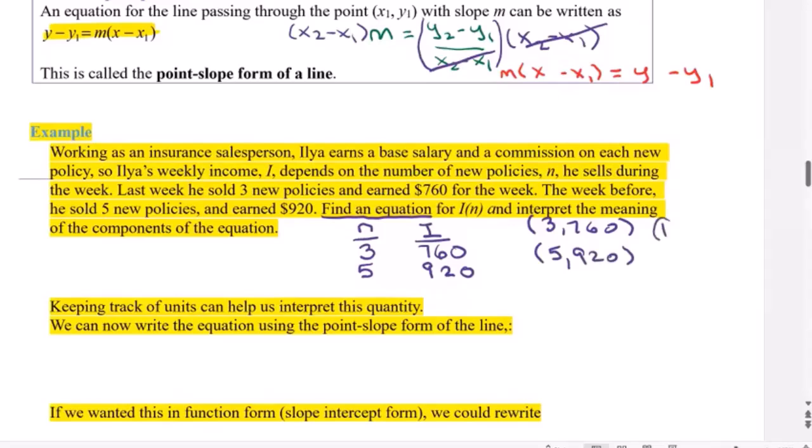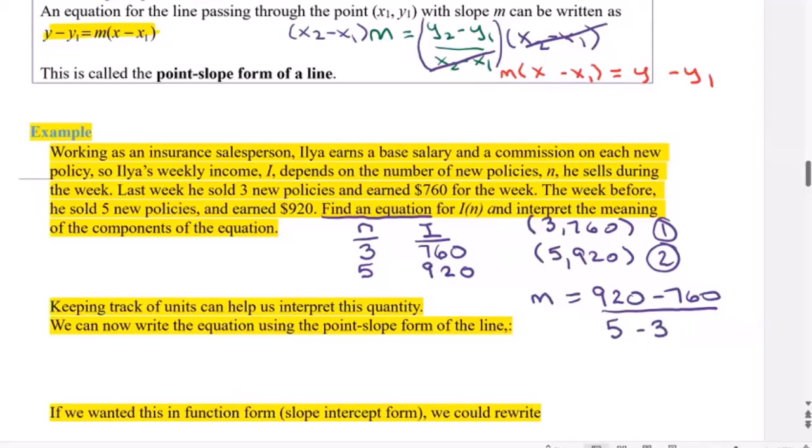And again, I can call this 1, I can call this 2, and I can find my slope. My slope is equal to y2 minus y1 divided by x2, which is 5, minus x1.